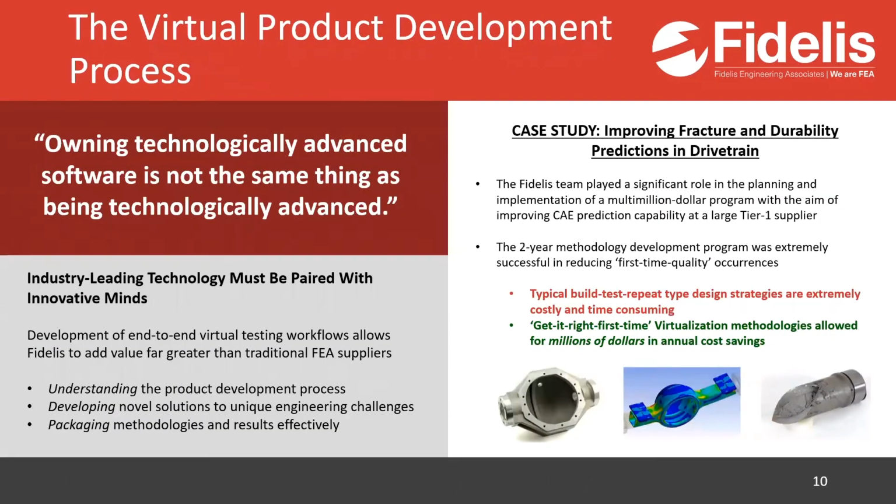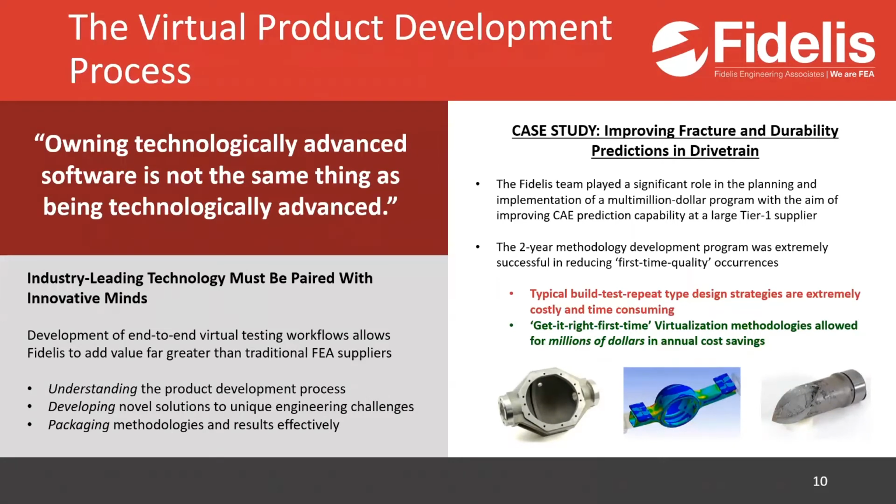So the virtual product development process still relies on having the right people in place. So this quote I always like is, owning technologically advanced software is not the same thing as truly being technologically advanced. We can own all the software in the world, but if we don't have the right minds to pair it with, it's essentially useless and a black box.